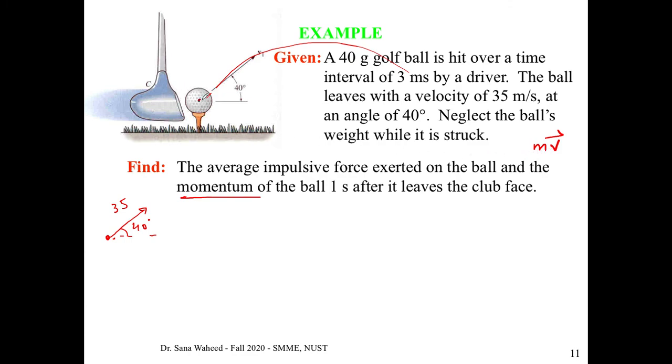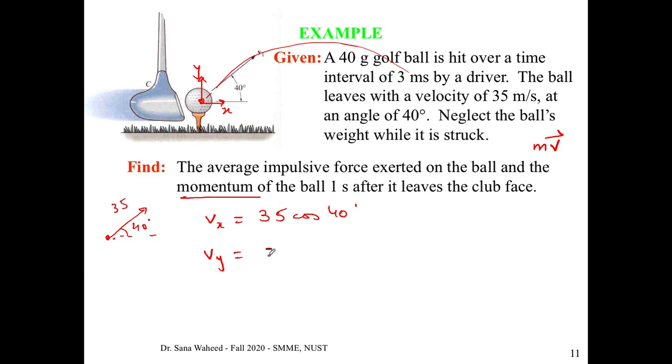I'll know what the momentum is. So let me define my x and y's. I know as part of my projectile motion that the horizontal component remains unchanged because there is no acceleration in the x direction, right? So that just means it's 35 cos 40. Whereas for the vertical component, I know that that's a case of constant acceleration because of gravity, downwards.